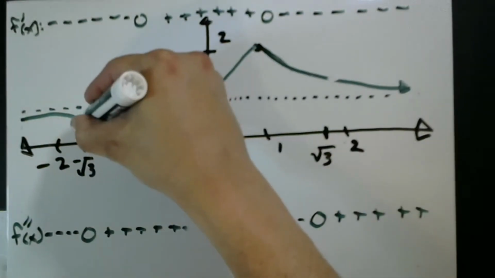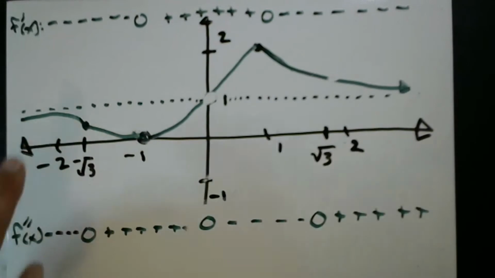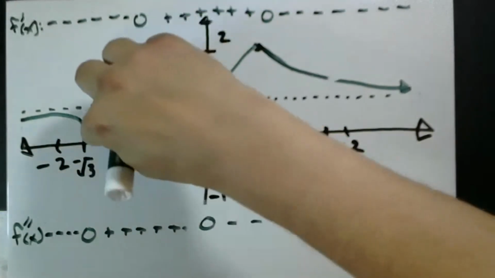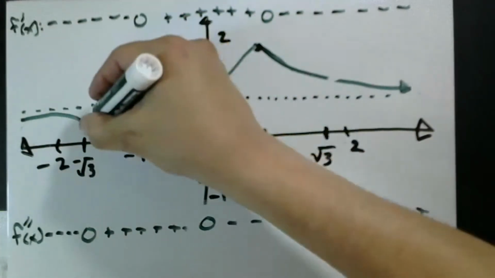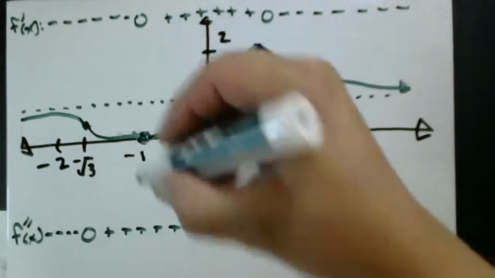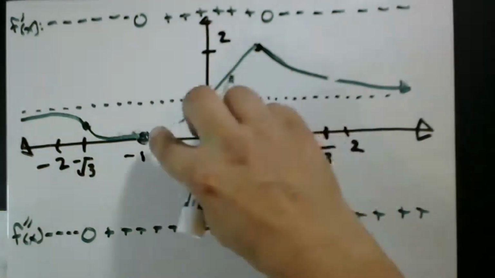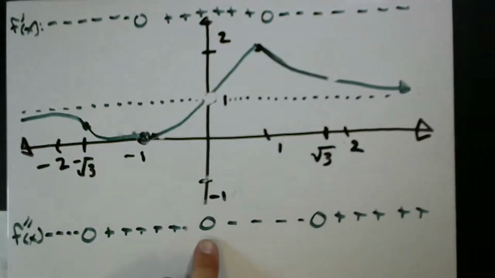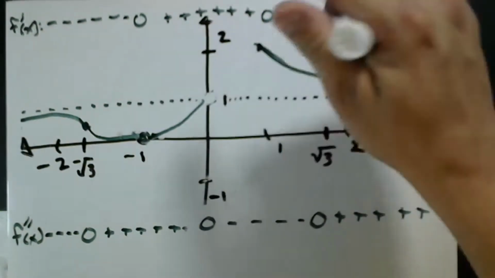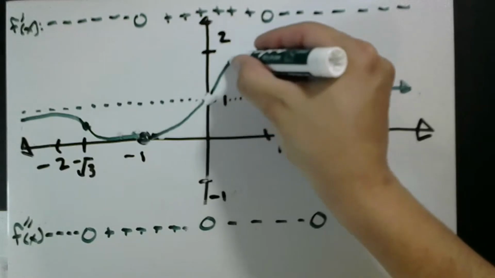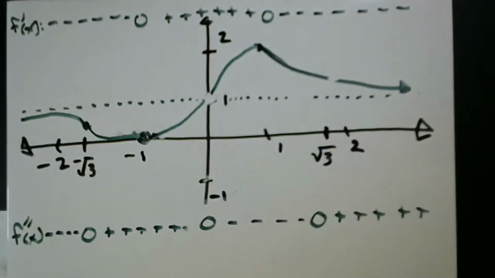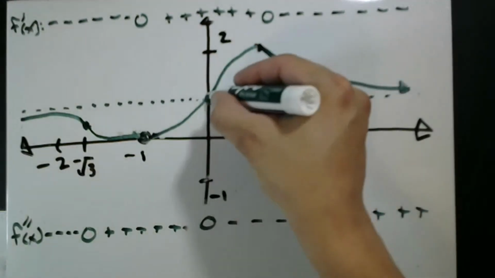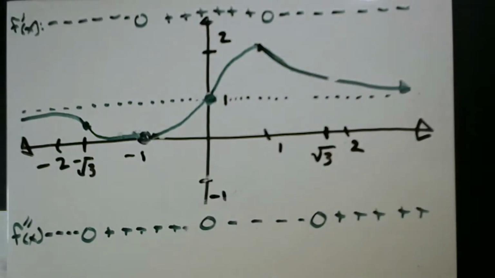And this will be a transition point from concave down to, oh, so slightly looking concave up. It's going to stay, oh, so slightly concave up, and then it's going to transition to concave down. So this lets us sort of fine tune the appearance of our graph.